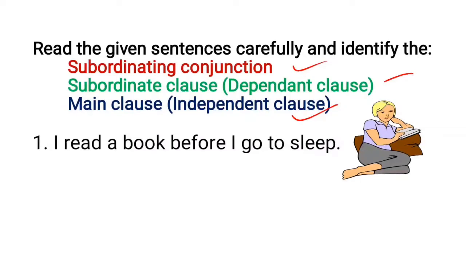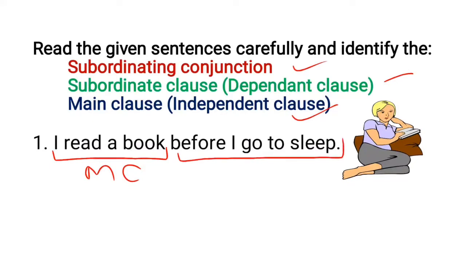Now, in this sentence, we have main clause, I read a book. Then we have a subordinate clause, before I go to sleep. And these two clauses are joined with the help of the word before, and that is why it is called subordinating conjunction. Let's try one more.